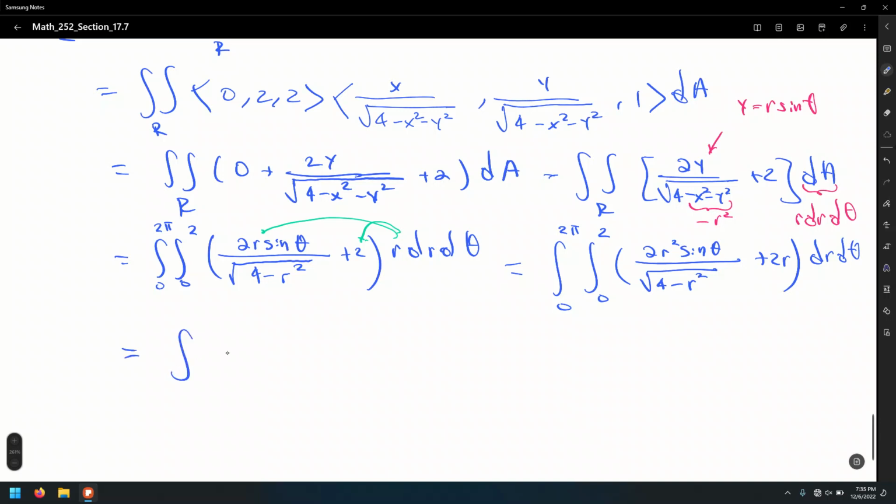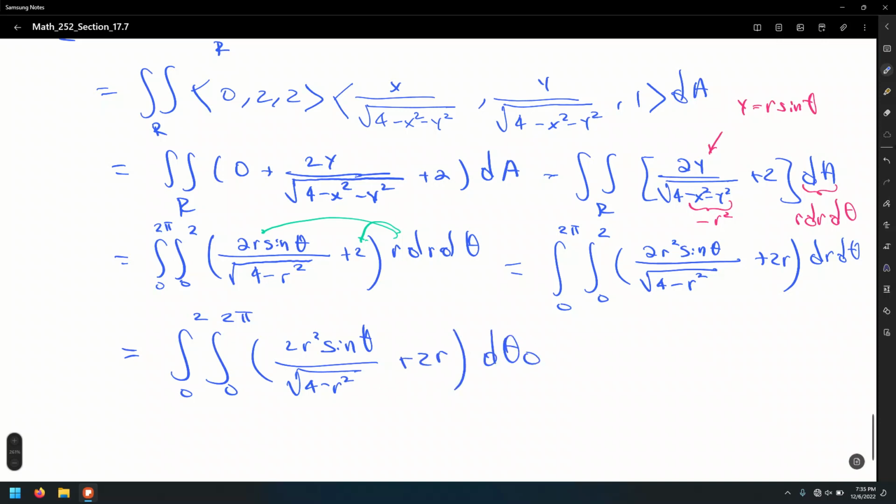So this will be the double integral first from 0 to 2, 0 to 2 pi, of the same integrand plus 2r, d theta dr. And that's still going to take a good minute to go. Well, you know what the value of the integral should be, don't you? 8 pi, the same as we got before.